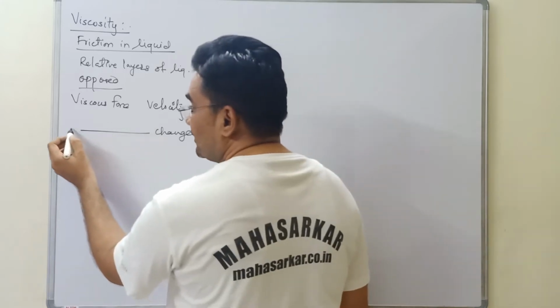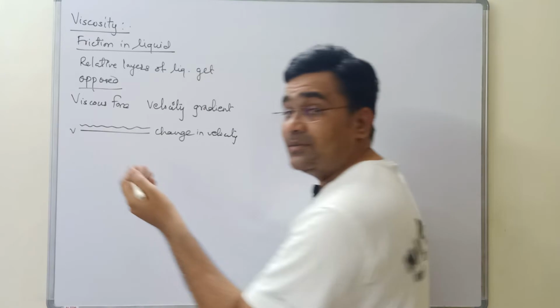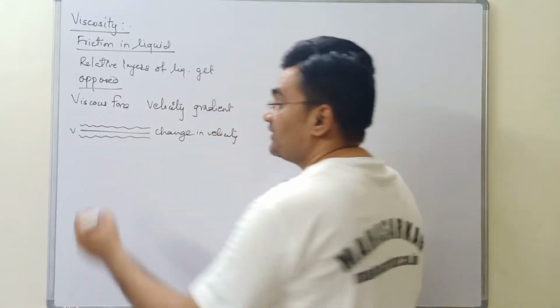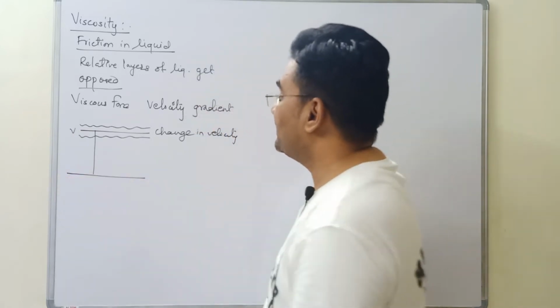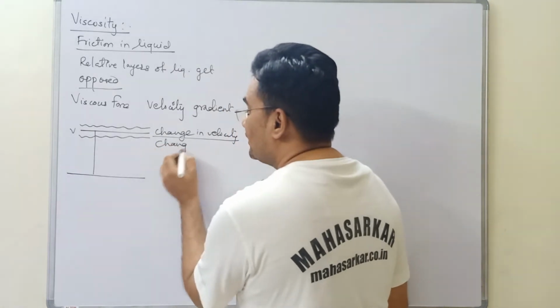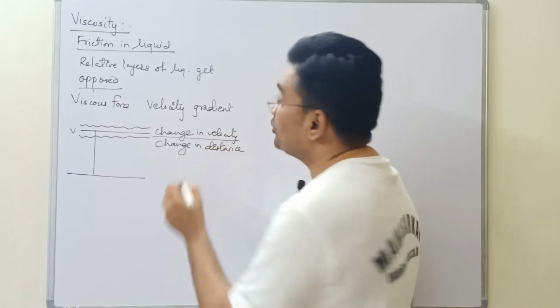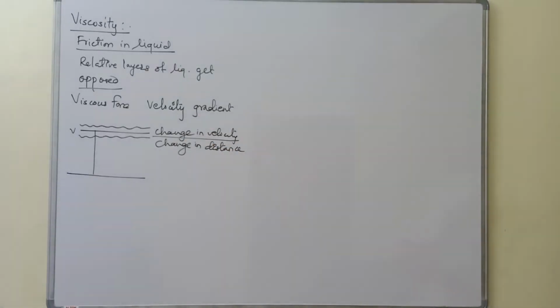So if this is the first layer whose velocity is v, the layer above it will have a little more velocity, whereas the layer below it will have a little less velocity, and the distance of that layer from the ground or bottom will be different. So the ratio of change in velocity per unit what? Change in the distance. This ratio we are going to call what? Velocity gradient.